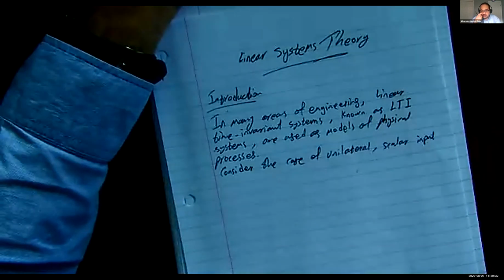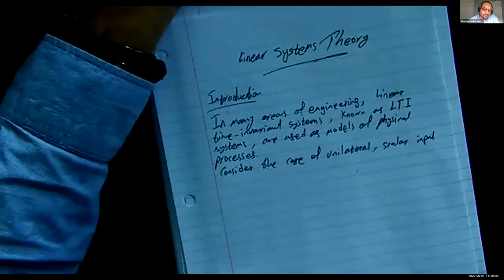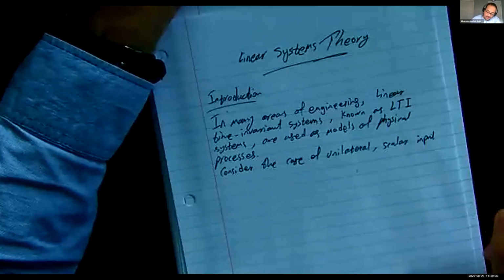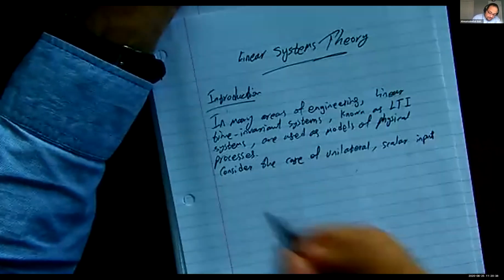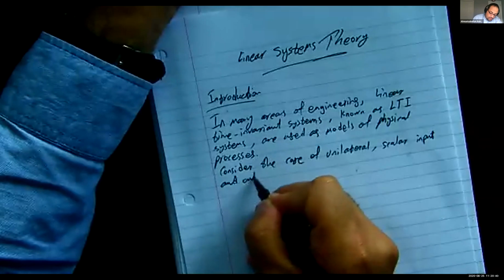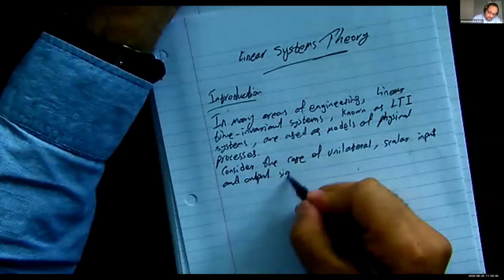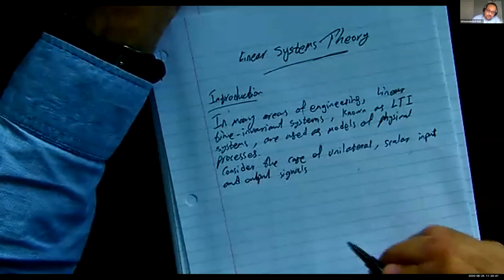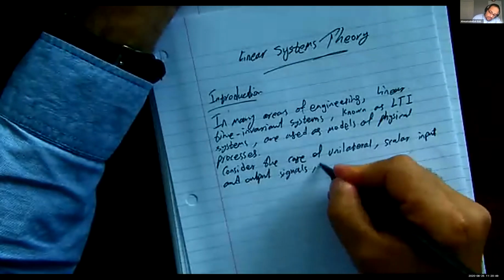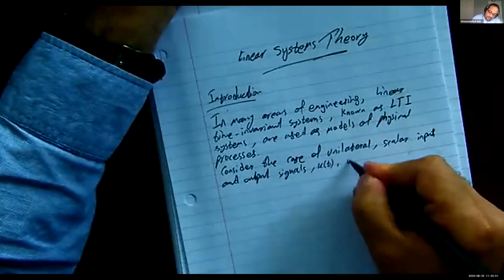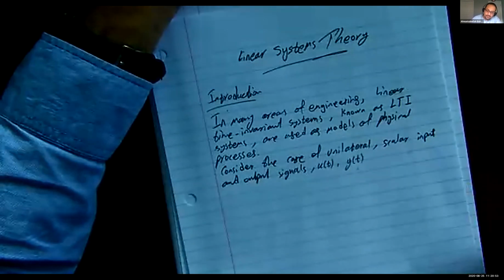So single input, single output systems, scalar input and output signals. Okay, so we will refer to the input as u of t and the output as y of t.